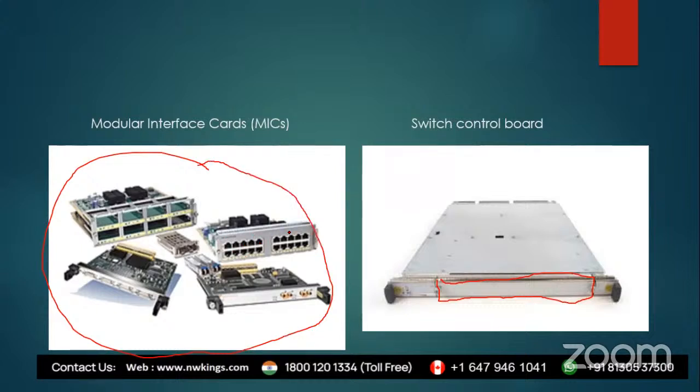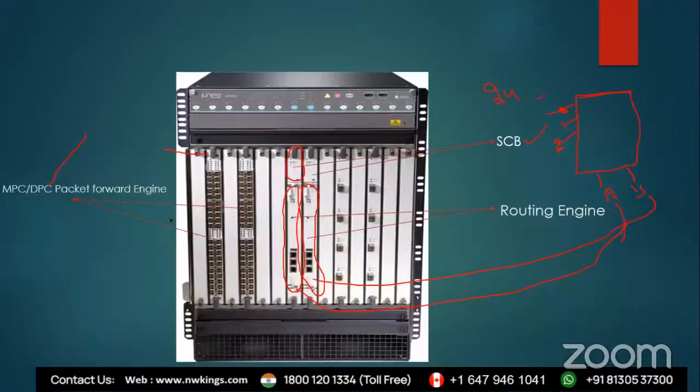Here you will see Ethernet MIC, SFP MIC, and serial console cable MIC. Suppose your end customer has an Ethernet port, you can install this MIC card and connect it. That depends on your customer requirement, so you have the flexibility to install whichever MIC card you need. In the DPC, you don't have that flexibility.